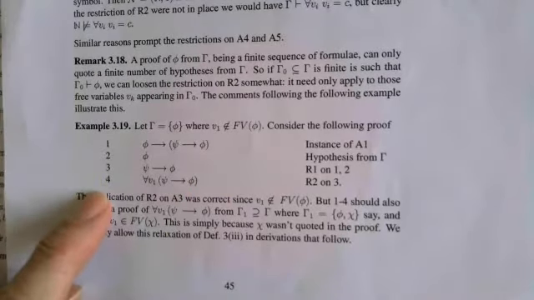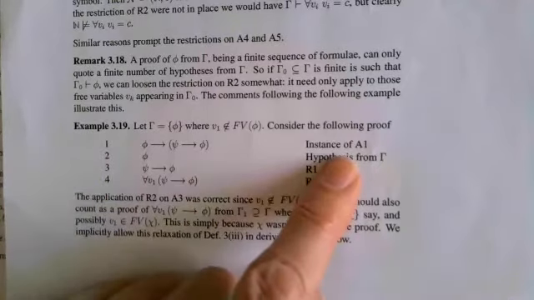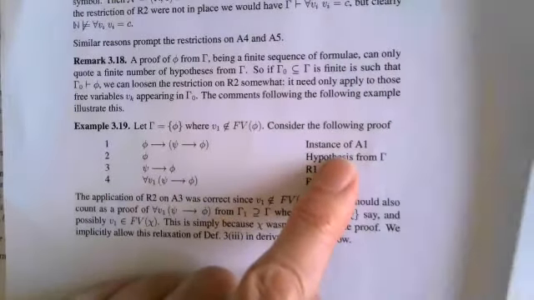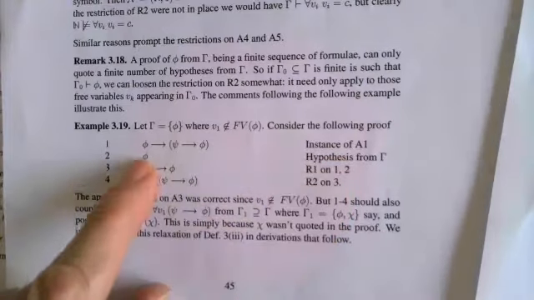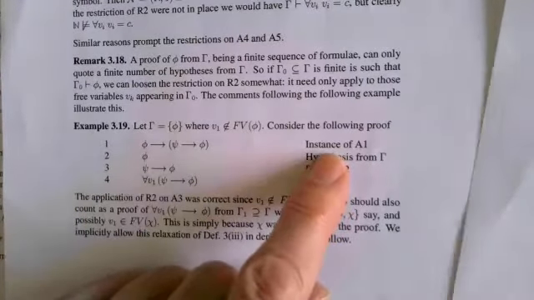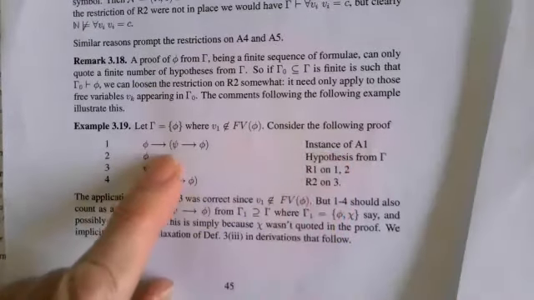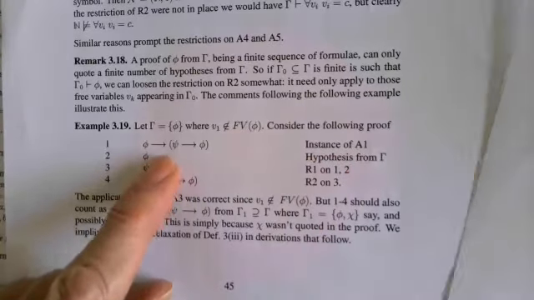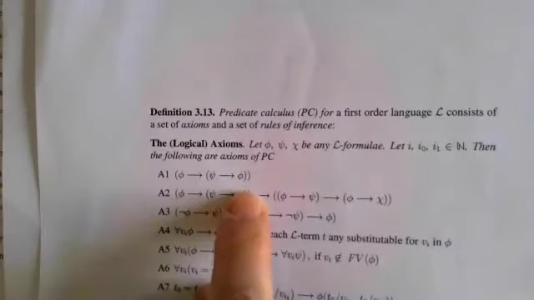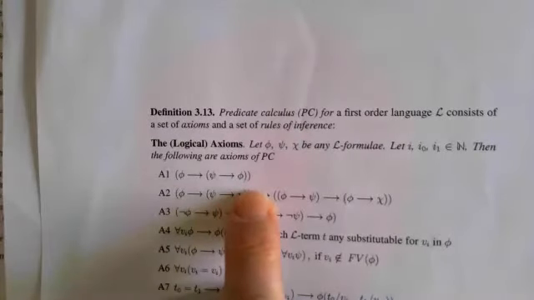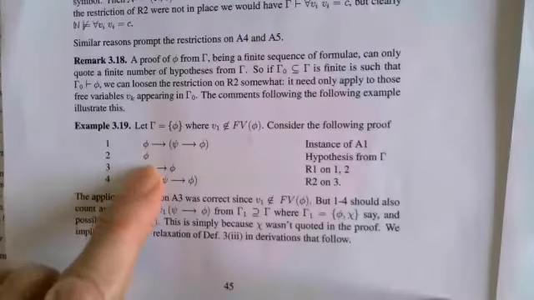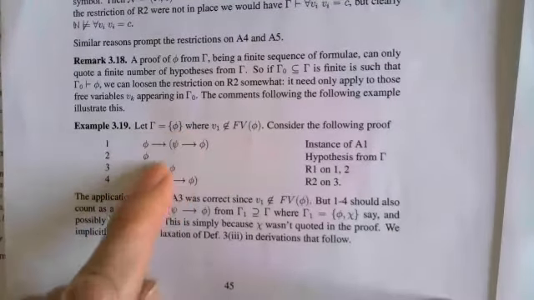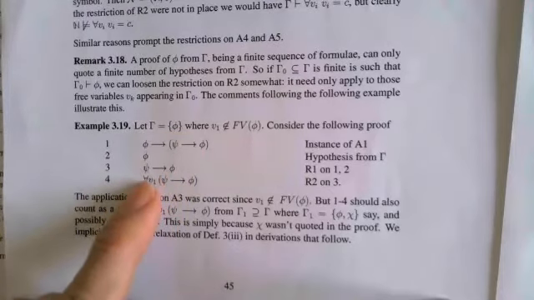It's only got 4 lines. What I've got here is an instance of A1. What I mean by that is I've quoted an axiom using phi and psi and phi, which happen to be the variable letters I used when I wrote the axiom out. I then quote the hypothesis from gamma, phi here.